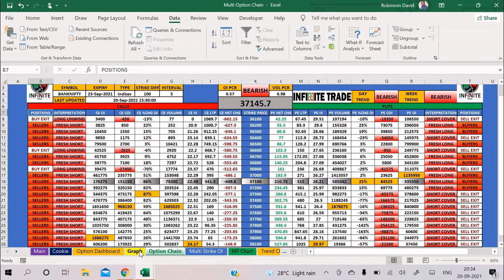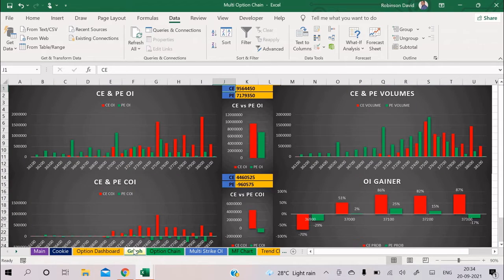Now I'll show you the change in open interest. This particular graph is all about the change in open interest. It is clearly visible no one was interested in put writing and call writing was significant. So if we gap up tomorrow, this may change, since 37,000 is still very good support and also a round number.